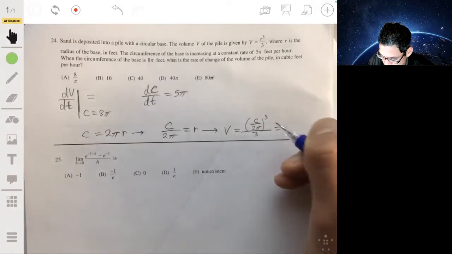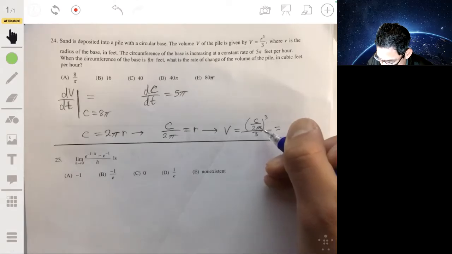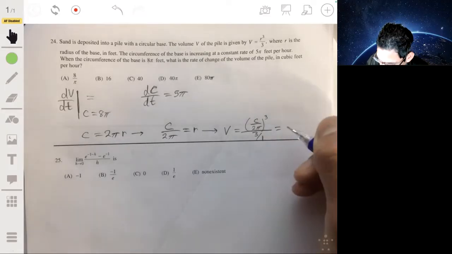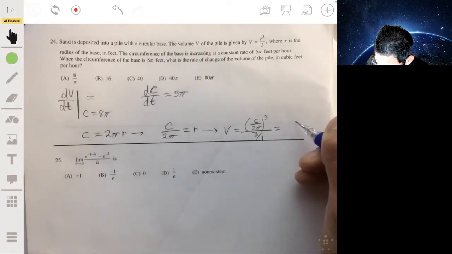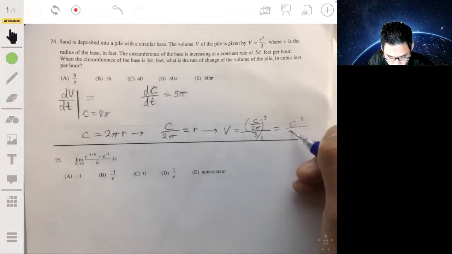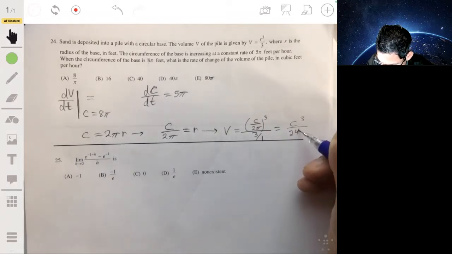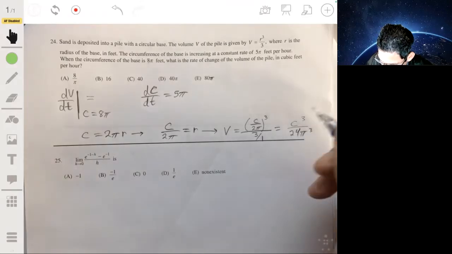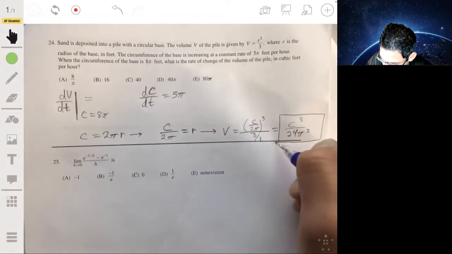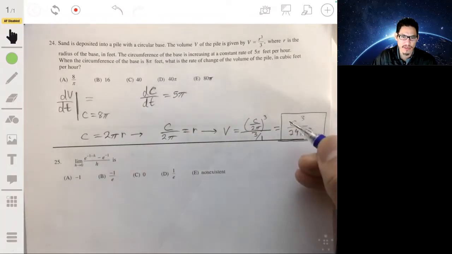Simplifying, C cubed over 8 pi cubed all over 3, which gives C cubed over 24 pi cubed. So this is our equation for volume in terms of just circumference.